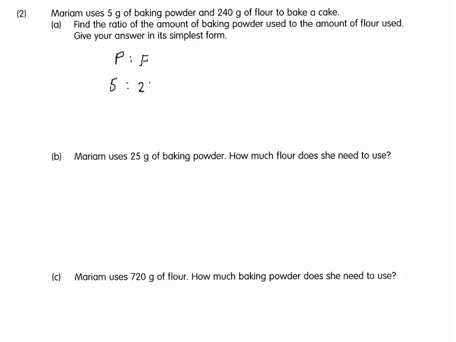Dylan Poh, simplest form. 1 is to 48. Okay. Now, Mariam used 25 grams of baking powder. How much flour does she need to use? So, we know the simplest ratio is 1 is to 48, right? Correct or wrong? Yeah. So, if we have 25, what does it equal to, Isabel?